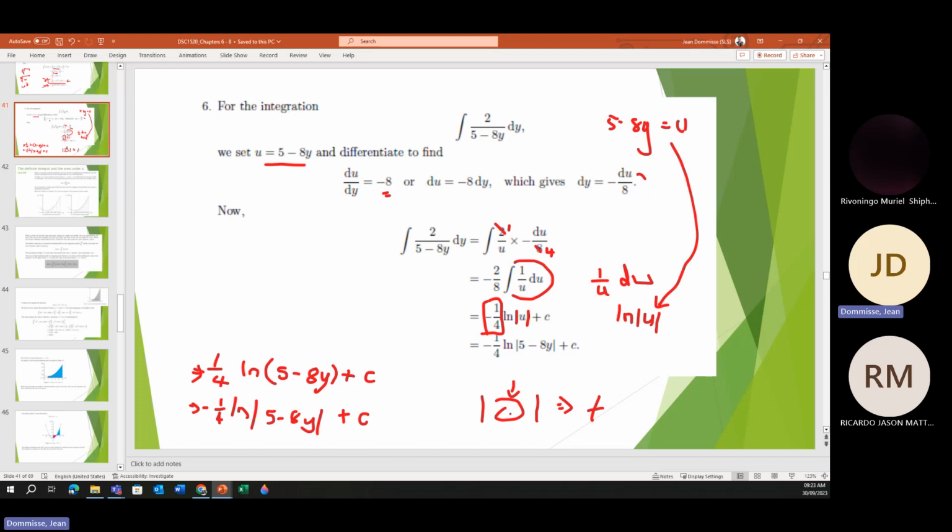So even if it is -6, your end answer will be +6. So there's a difference in these two, and we need to remember to write it with the absolute sign. So very important when you do that.